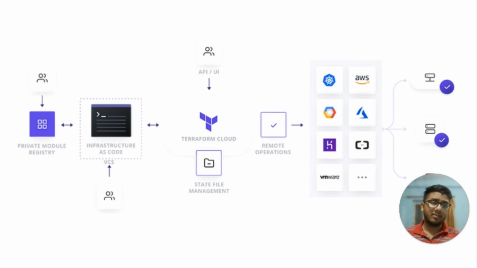Some examples of remote operations are cost estimation, concurrency, and remote state filing. This could be done with multi-cloud providers, and this could be accessed by remote users. So this is how the Terraform Cloud Workflow works, and you can implement it easily.